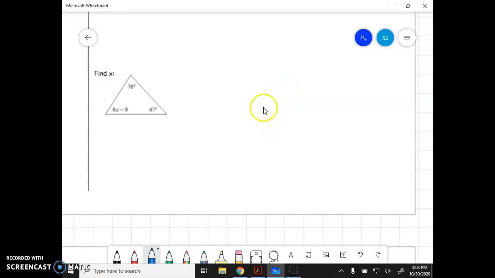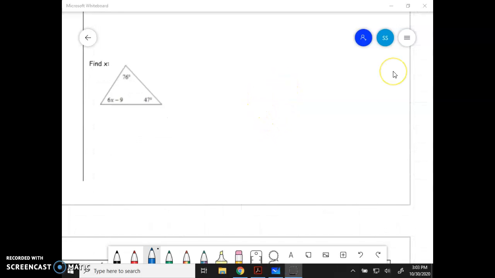All right, let's take a look at this example here. We need to find x. Two angles have been given to us. We have 76 degrees and 47 degrees. This angle right here, we do not know. We do know it's 6 times x minus 9. So we need to find x.